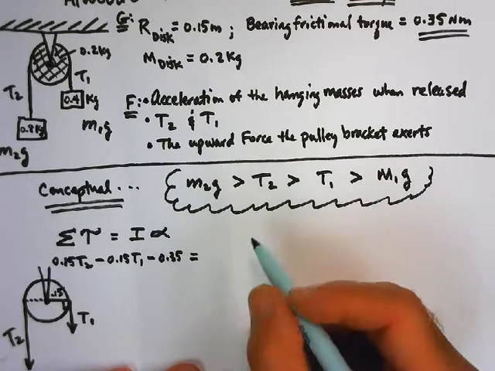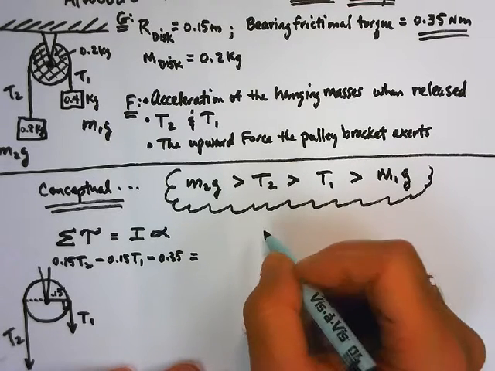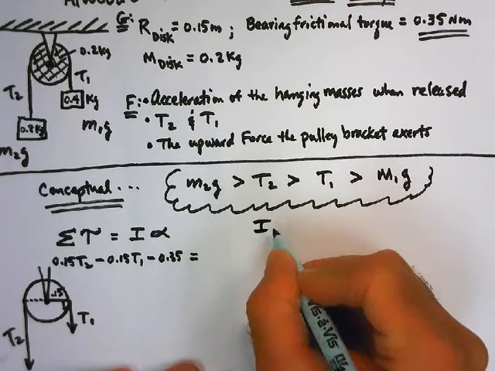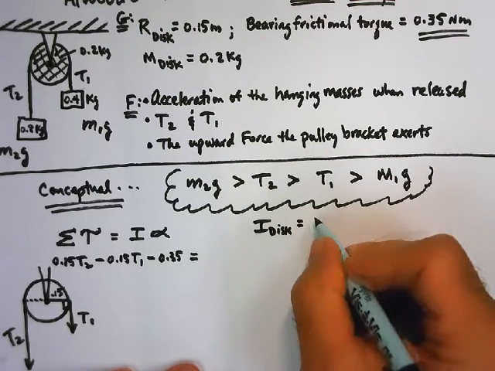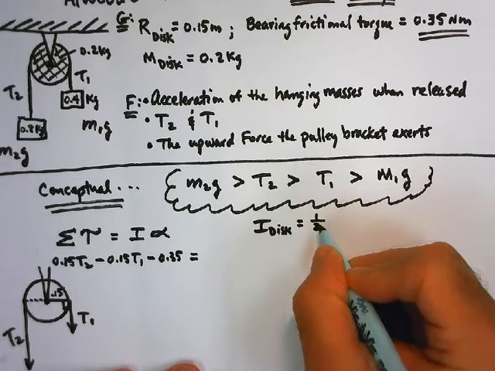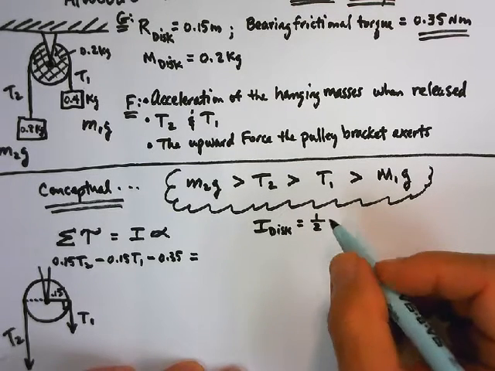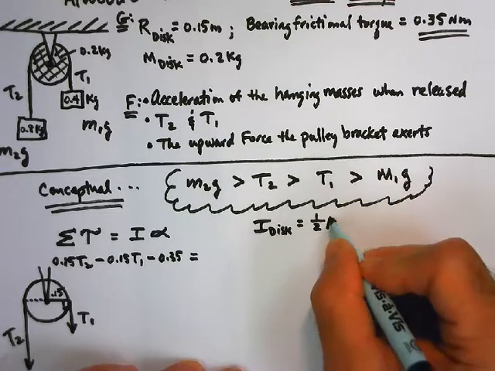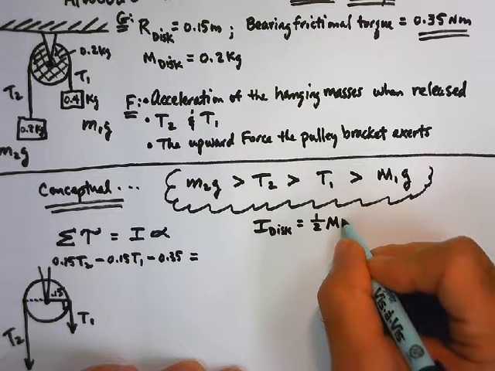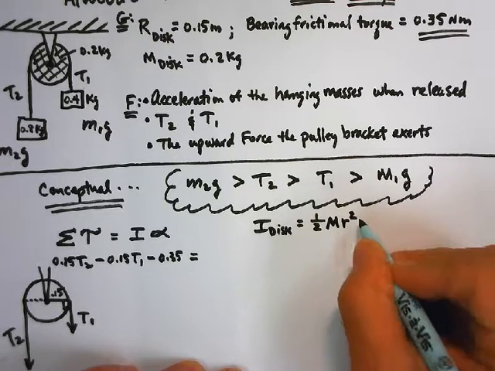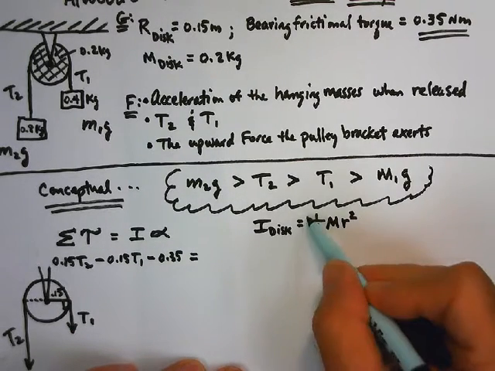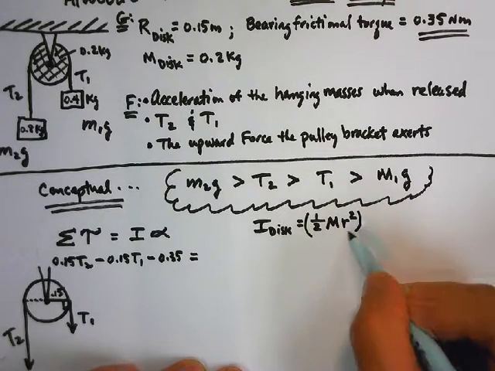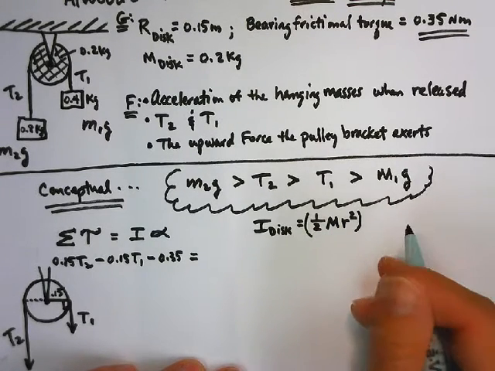Okay, but what is I? I is the moment of inertia of the disk. And the moment of inertia of a disk is 1/2 times m r squared, if it's pivoted around the center of mass of the disk. Okay, so that's I right there.